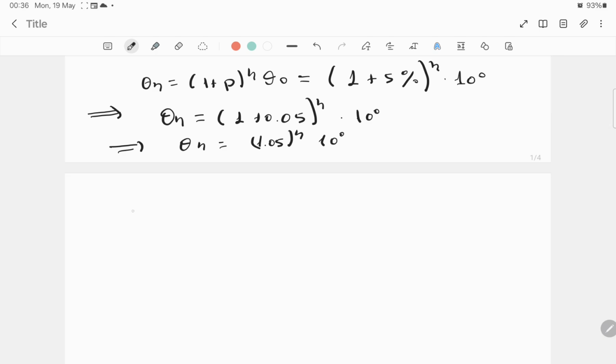So if we want to find the angle after 10 iterations, we plug in n equals 10.